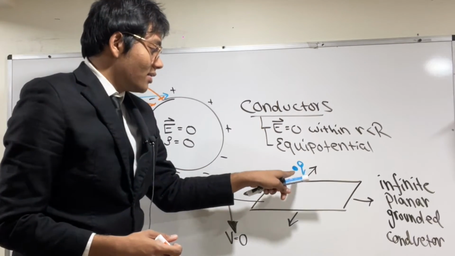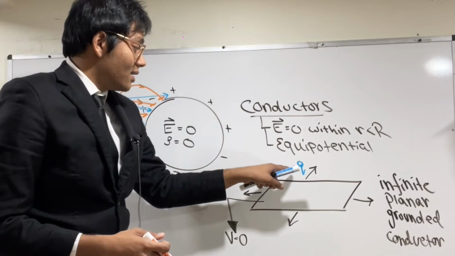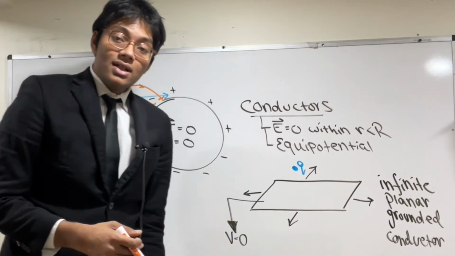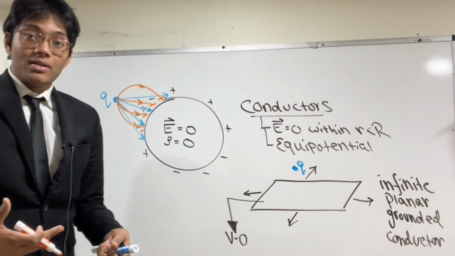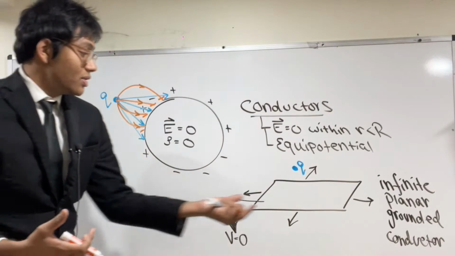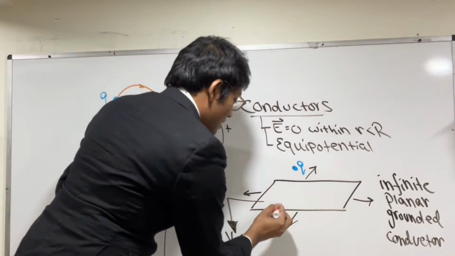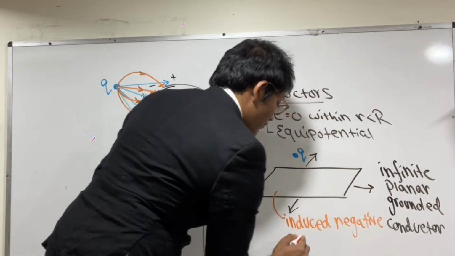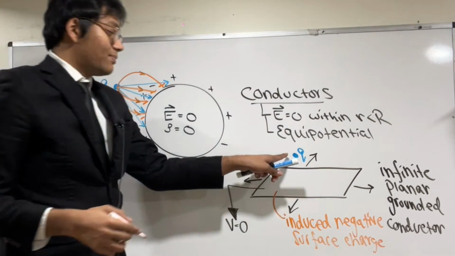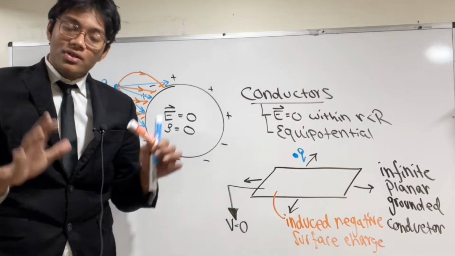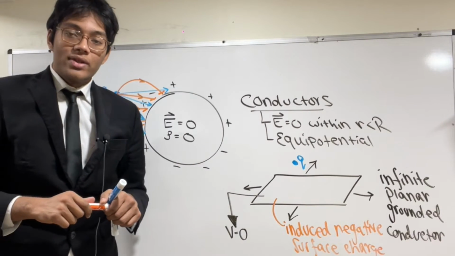Now here, when I bring a charge q near the surface of this infinite planar grounded conductor, it's also going to respond, just like a mirror, right? It's going to induce some kind of negative surface charge, so that the field lines end right at the surface of the conductor, and so that the electric field is 0 within.